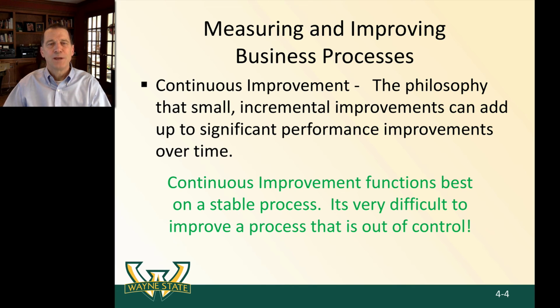Continuous improvement functions best when we have a stable process. When we don't know what we're doing and we do things differently all the time or in different facilities, and different teams do things their own way, it's hard to apply continuous improvement. For example, if we had 10 different product development teams and the program manager of those teams has a lot of autonomy, and we have very different things going on inside those product development processes, it'd be hard to say we found a great way to do validation testing with our suppliers and apply that across all 10 of those teams, because they're all doing things differently in the first place.